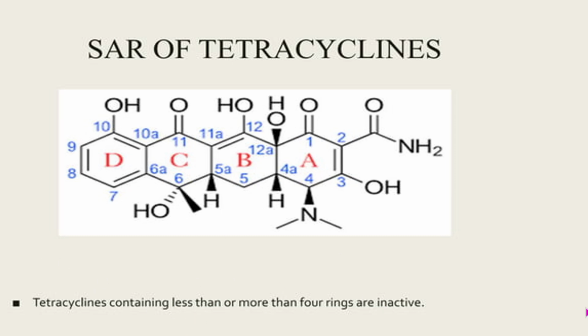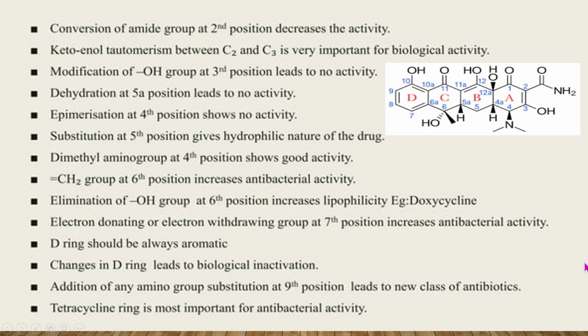Now, tetracyclines containing less than or more than 4 rings are inactive. That means the statement itself gives an idea that they should not contain more than 4 rings in the structure. Now, this is the particular structure of the tetracycline nucleus which is used as an antibiotic.